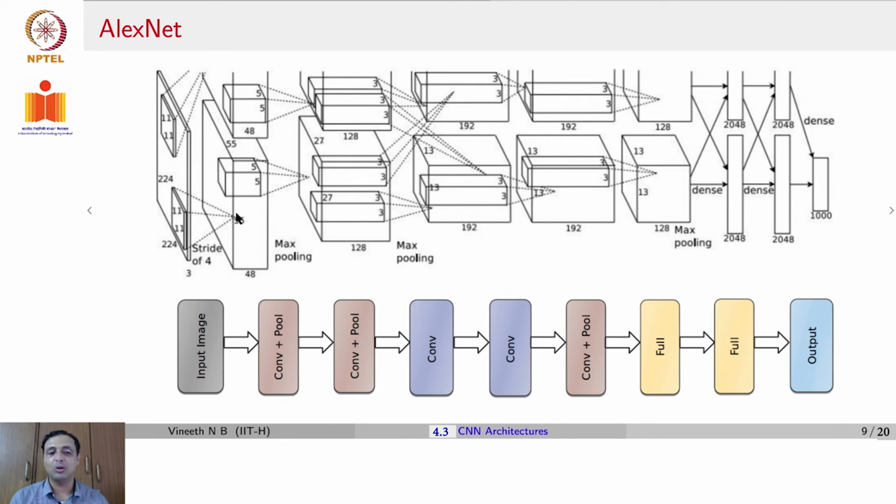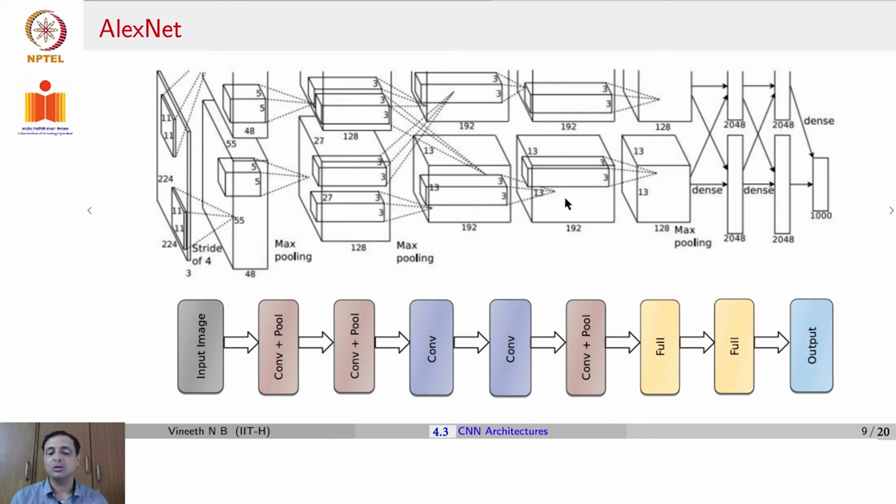They also had a certain level of padding, so 227 cross 227 was the final input given to the network. So it would be 227 minus 11, that's 216, by 4, which gives you 54, plus 1, which gives you 55. Okay, that's what we talked about even earlier.